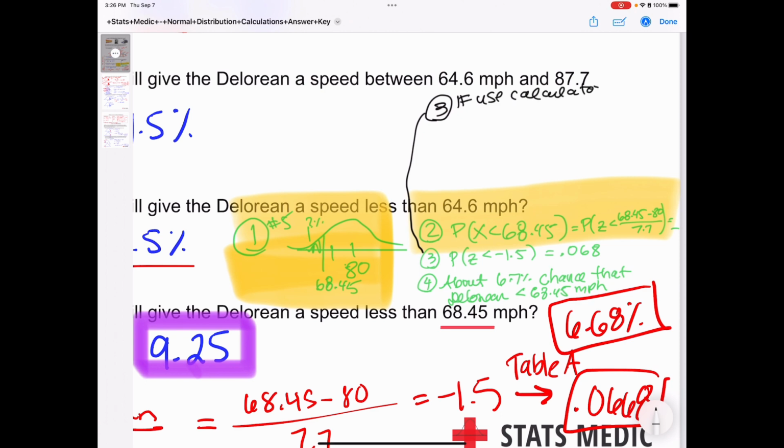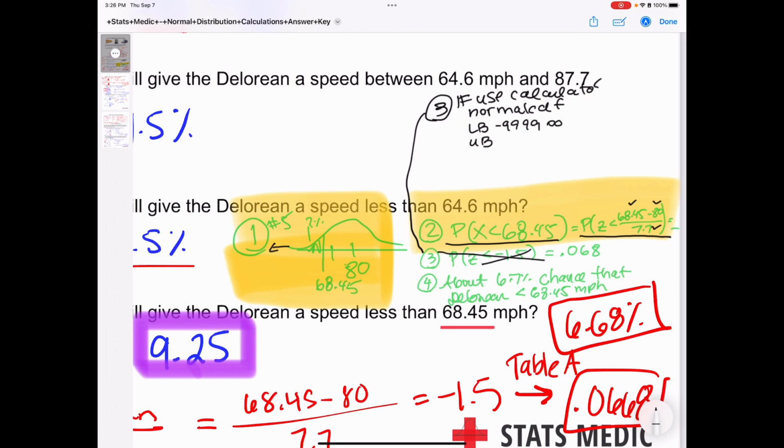So I'm still going to write the probability statement, and I'm still going to write the z-score equation because that gives me my observed, my mean, and my standard deviation. But I do not have to write this step if I use a calculator. If I use a calculator, I'm going to actually use the calculation of normal CDF. My lower bound, which is my left bound, is going to be the furthest left that this is, which is negative infinity, but I can't put negative infinity on my calculator, so I have to put negative 999.